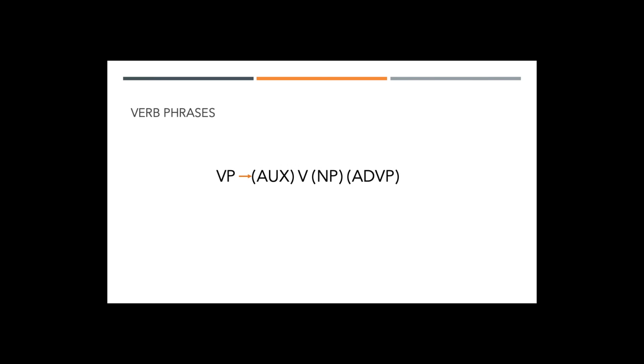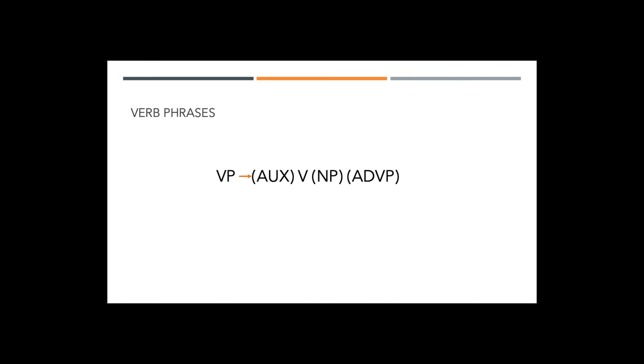A verb phrase is even simpler. It can include an auxiliary verb, the verb, a noun phrase, and an adverb phrase. Written out, it would be VP, arrow, (AUX), V, (NP), (ADVP).